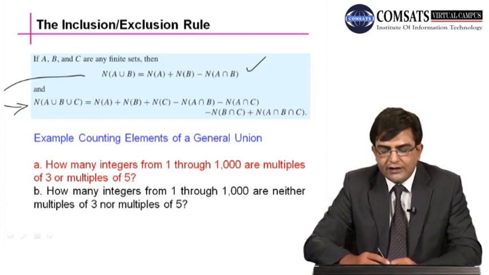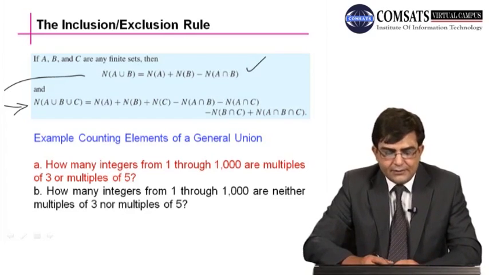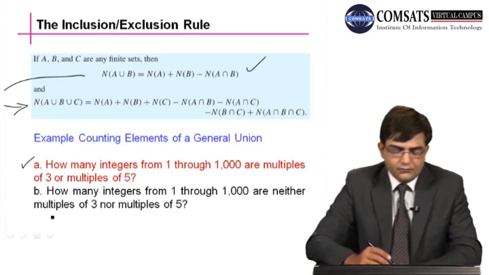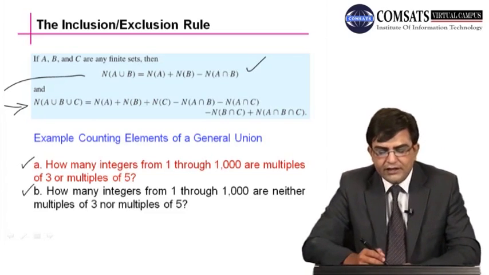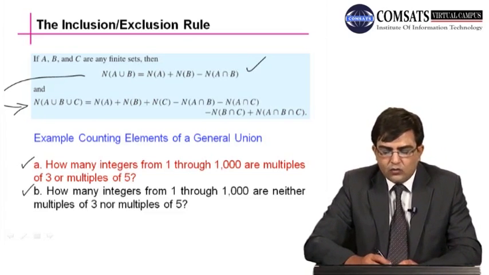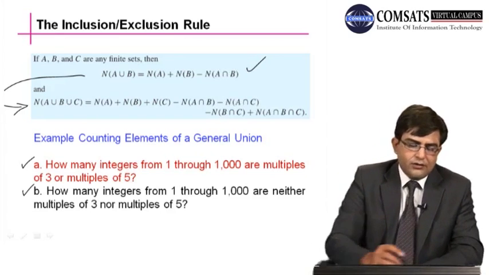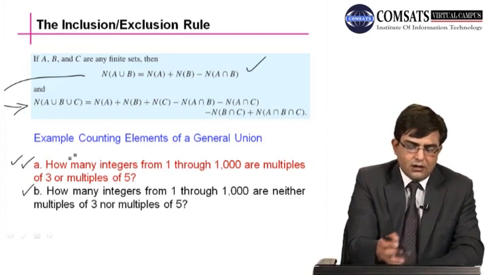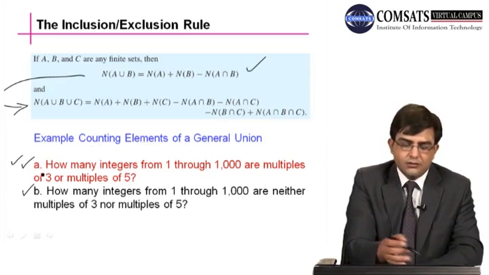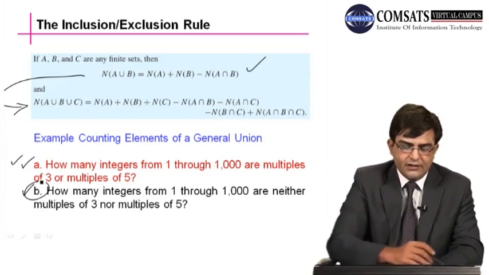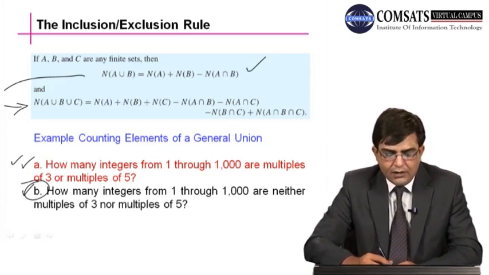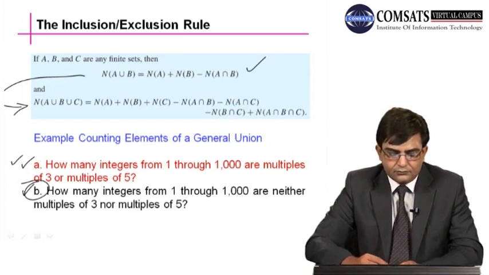We divide this into subsets, and we shall calculate the number of integers in part A. And in part B, we calculate how many integers from 1 to 1000 are neither multiple of 3 nor multiple of 5. Once we have calculated this, we shall subtract this number from 1000, and we can calculate the number of integers which are neither multiple of 3 nor multiple of 5.